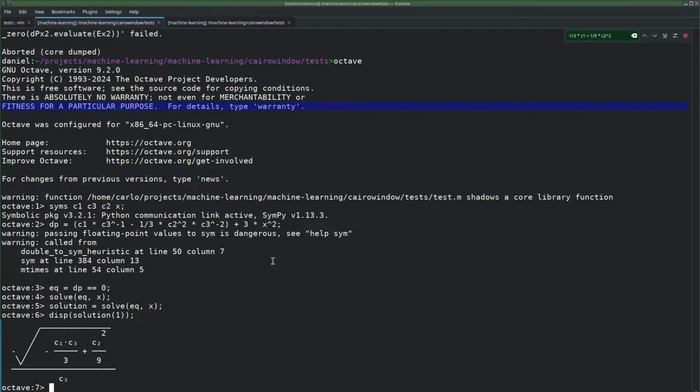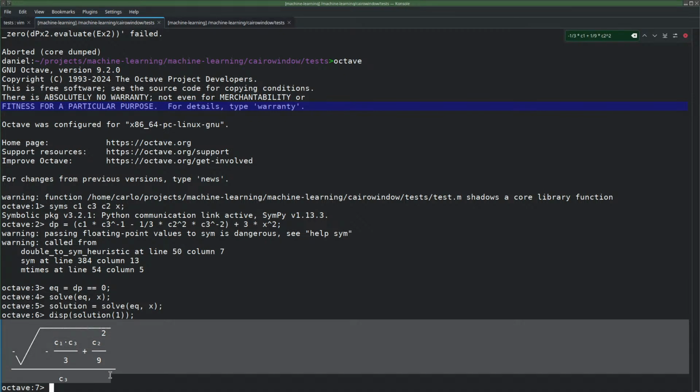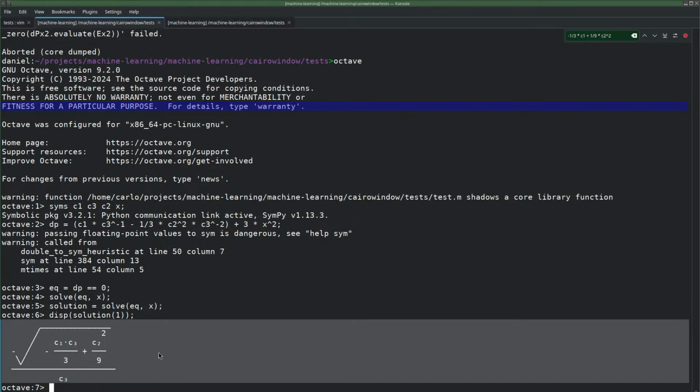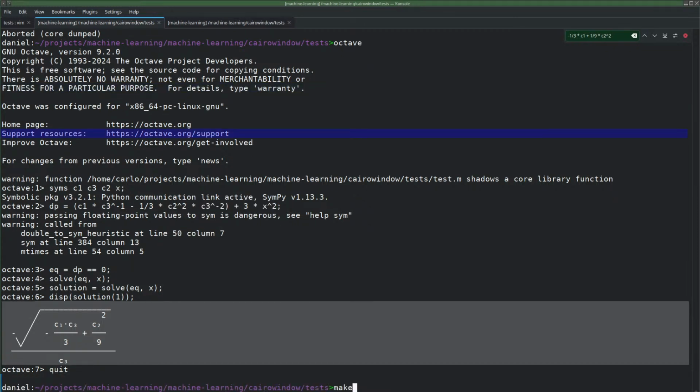So this should be equal to what I had if C3 equals 1. And then I believe it. I believe it anyway, actually. But let's copy this, create, go back to the program.